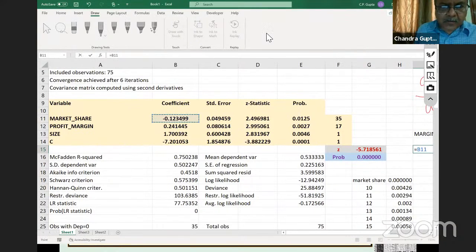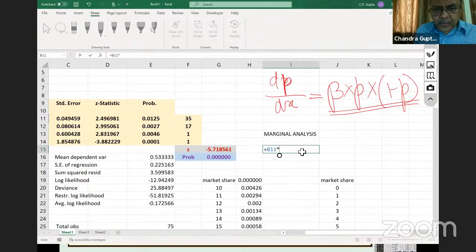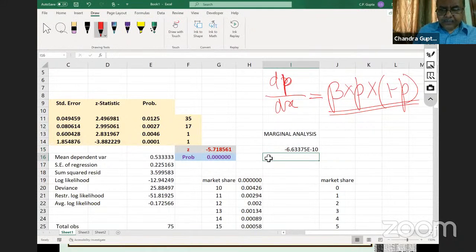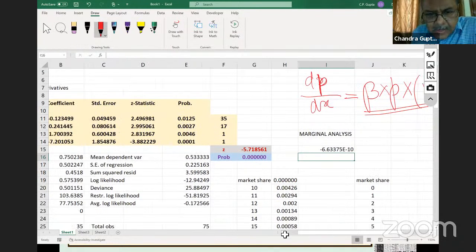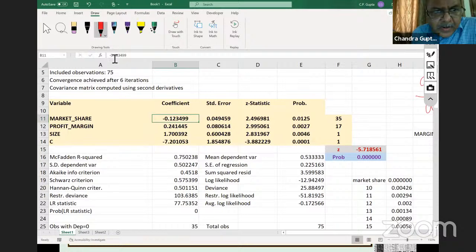This is my value of the beta into probability into 1 minus probability. That's the value which we get, but the coefficient was not negative, the coefficient was positive.